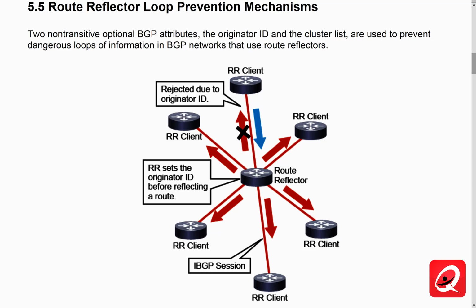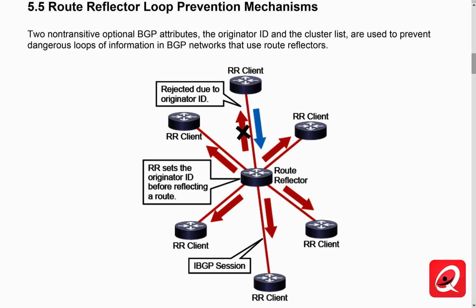When a route is reflected, the route reflector will set that originator ID BGP attribute. That happens to be, make sure I say this correctly, a non-transitive optional BGP attribute. We'll talk about what transitive and non-transitive attributes are, and optional and mandatory, or what we call discretionary and mandatory attributes, a little bit later on.